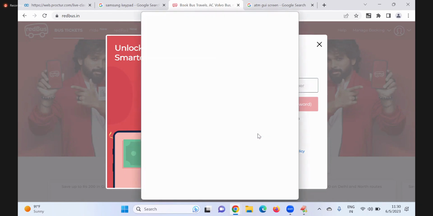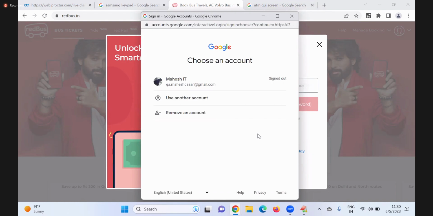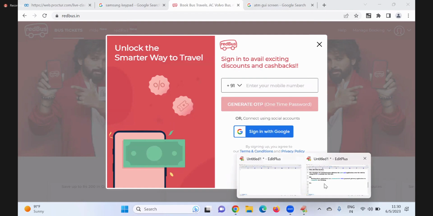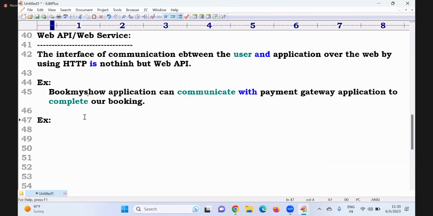But I want to communicate with Google or Facebook. Google and Facebook are web applications. Redbus.com is one application. How is it contacting them? By using web API. So an interface between the end user and that one is also called a web API.